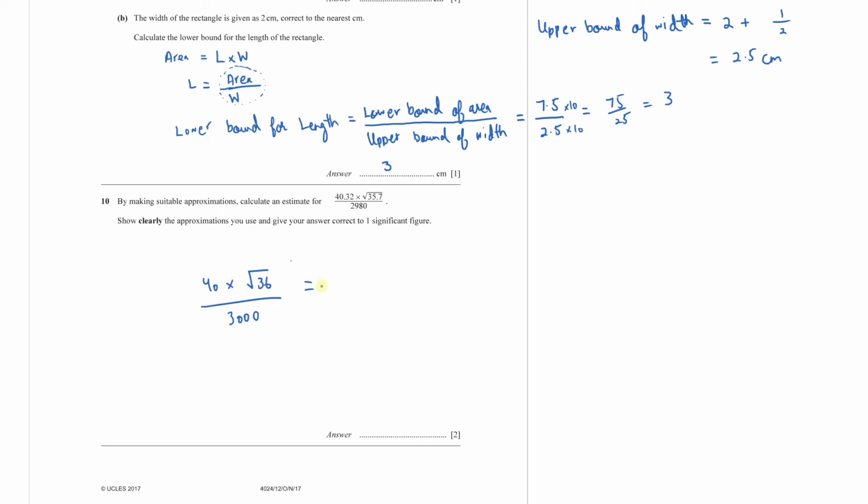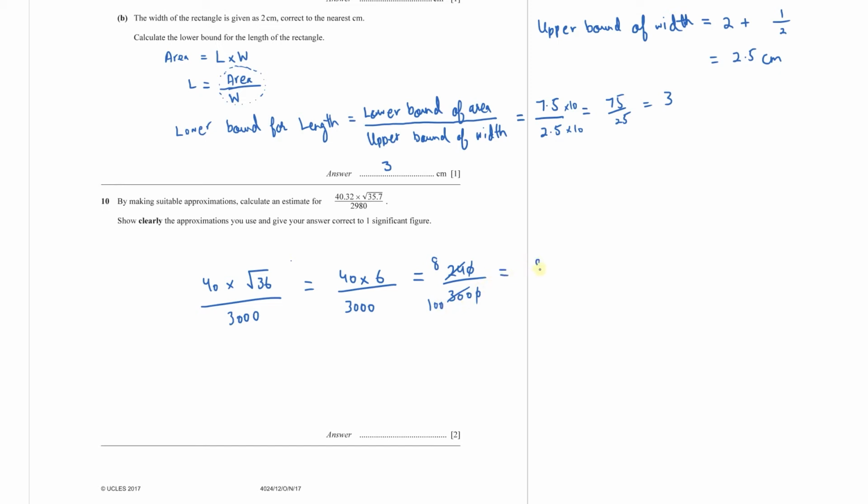So the square root of 36 is 6. So you get 40 times 6 divided by 3,000. Multiplying 40 by 6, you get 240 divided by 3,000. The zeros cancel out, so 24 and 300 are both divisible by 3. 3 times 8 is 24, and 3 times 100 is 300.